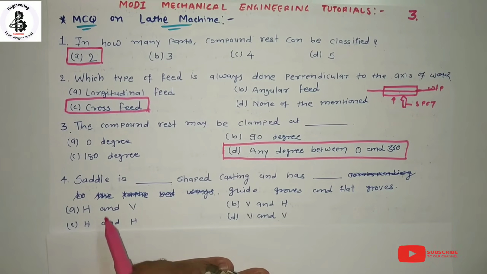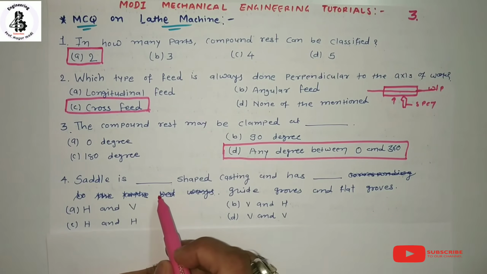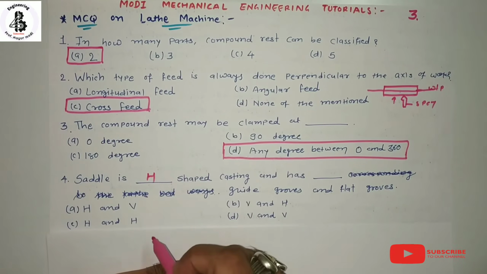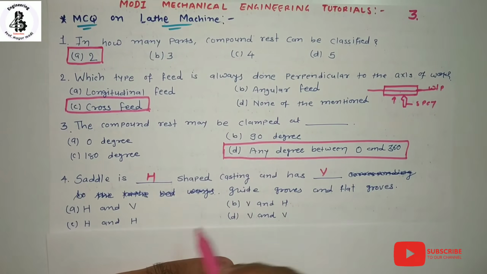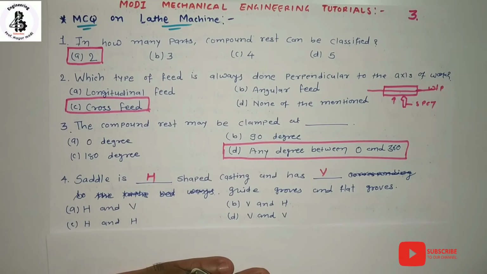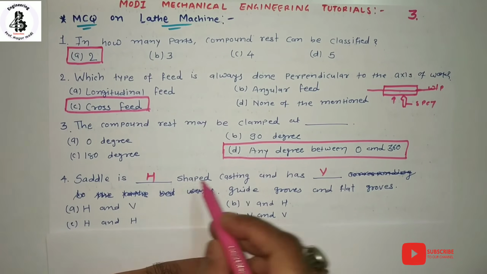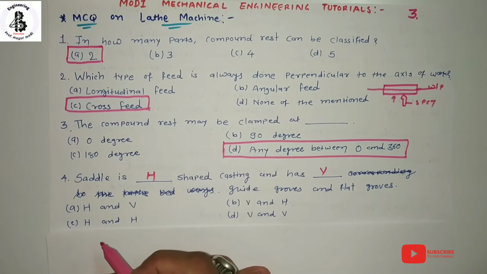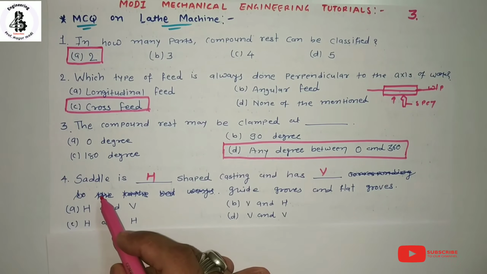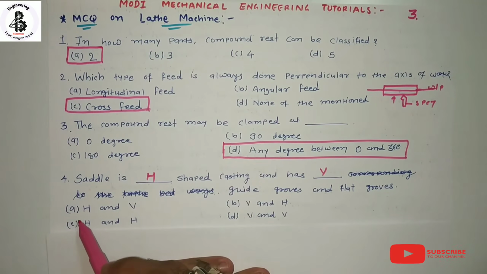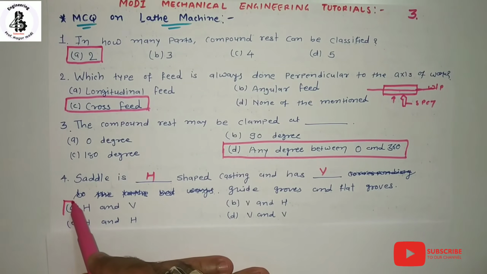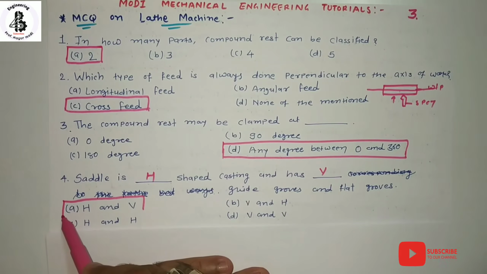So right now the saddle is H shaped and has V guide ways and flat ways. So according to this construction of the saddle, it has H and V. So according to the given options, option A, H and V, is the right answer.